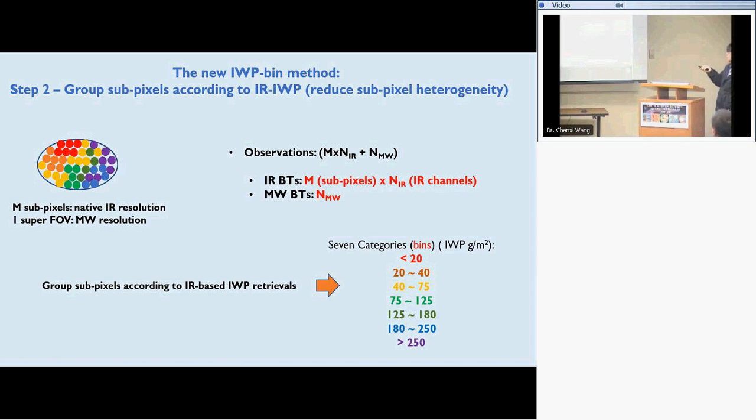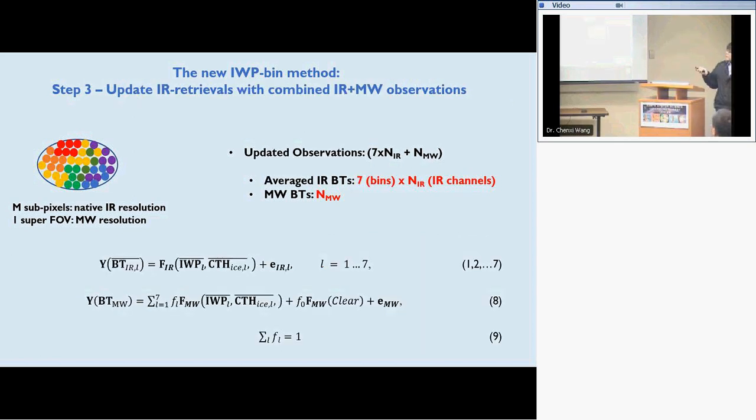For example, we can separate them into 7 different categories, from smaller than 20 up to 40 grams per square meter and so on. With this, we can separate the pixel groups, and then we can safely average the infrared observations for each group, because we assume that clouds in each group have similar cloud properties, so there's no nonlinear effect anymore. Then we update the infrared retrieval with combined infrared plus microwave observations.